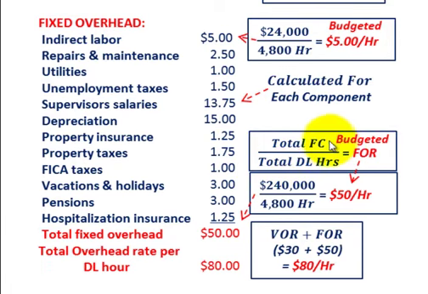So what we went over in both cases, for our variable overhead and our fixed overhead, was based on a budgeted amount. And then we use that budgeted fixed overhead rate and our variable overhead rate for applying our overhead costs to our inventory, our work in process.